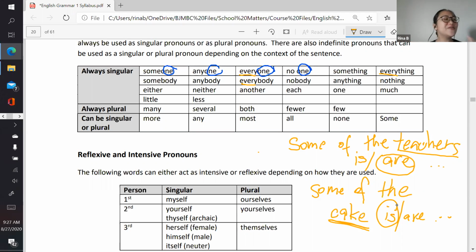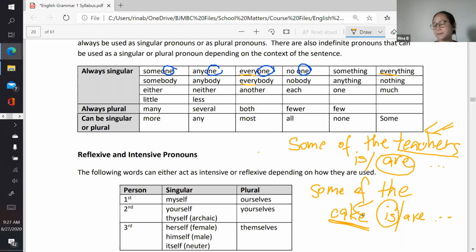No, sufficient for now for you to remember that there are singular indefinite pronouns, plural indefinite pronouns, and pronouns that can go either way. And if the pronouns can go either way, you look at the clues in the context of the sentence. And most of the time, the clue will be in the object of the preposition. Yeah?